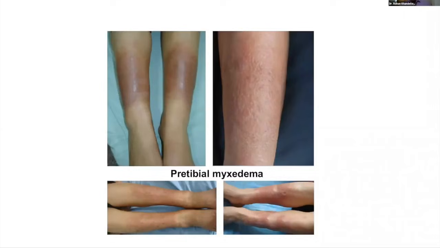Students sometimes get confused because this condition is known as pretibial myxedema. You start associating myxedema with hypothyroidism, but in reality, this is more common with hyperthyroidism or Graves' disease.